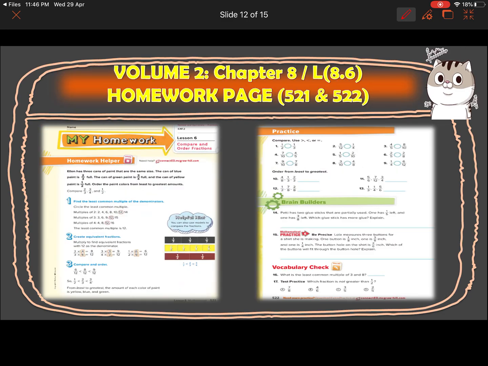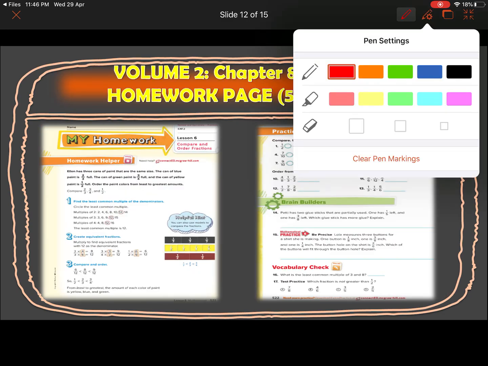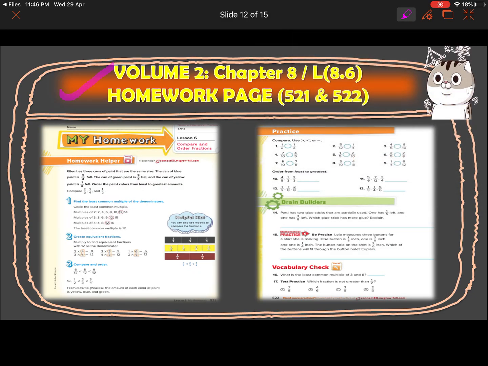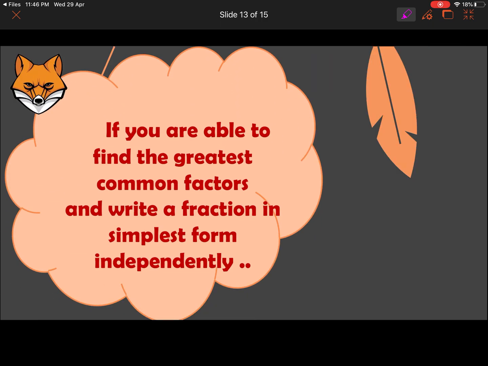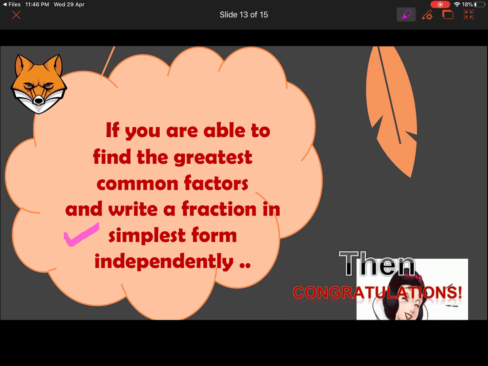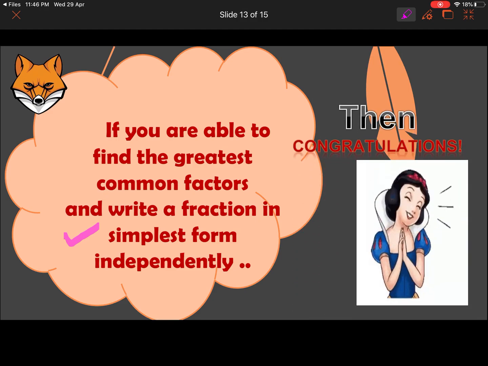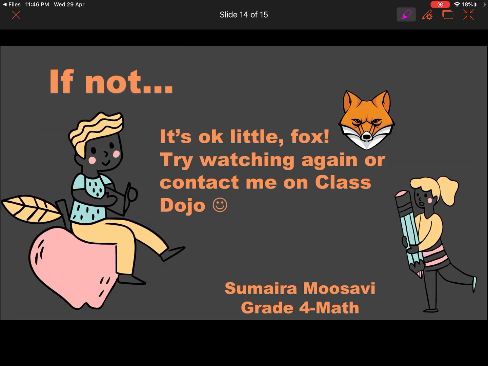Now that's all for today's lesson. Do your brain builder questions by yourself, and don't forget to do the homework. Page number 521 and 522 by yourself, and send me the pictures of these 2 pages only. Now think about it. If you're able to find out the greatest common factor and write down the fraction in the simplest form independently, then congrats, you're mastering this lesson.